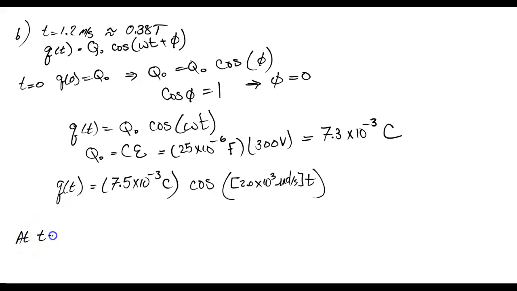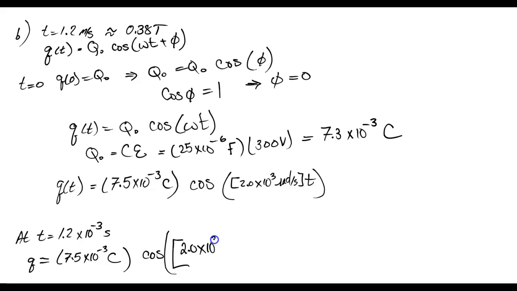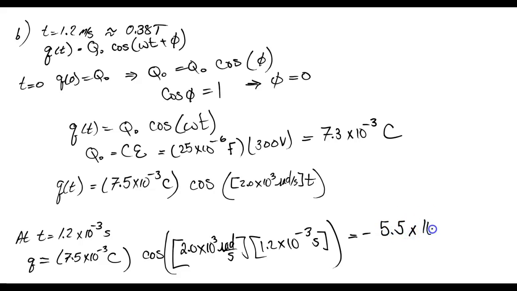So at t equals 1.2 times 10 to the minus 3 seconds, we can say that Q equals 7.5 times 10 to the minus 3 coulombs times the cosine of 2.0 times 10 to the third radians per second times 1.2 times 10 to the minus 3 seconds, which equals minus 5.5 times 10 to the negative 3 coulombs.